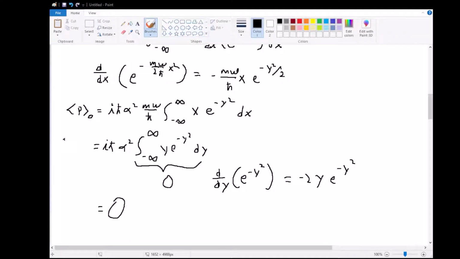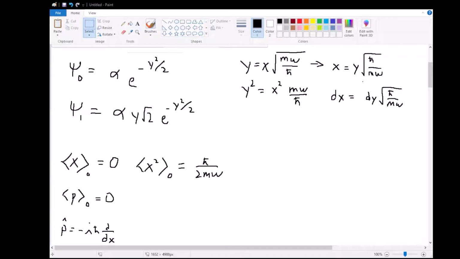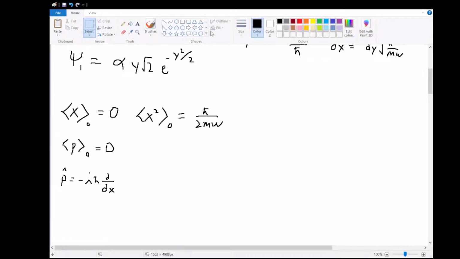And that is integral 3 of 8. Let's do the exact same process again for p squared. We know that p hat is negative i h bar d by dx, so applying it a second time, p hat squared is going to be equal to, the two negatives make a positive, but the i times i makes a negative, so negative h bar squared times d2 by dx squared.